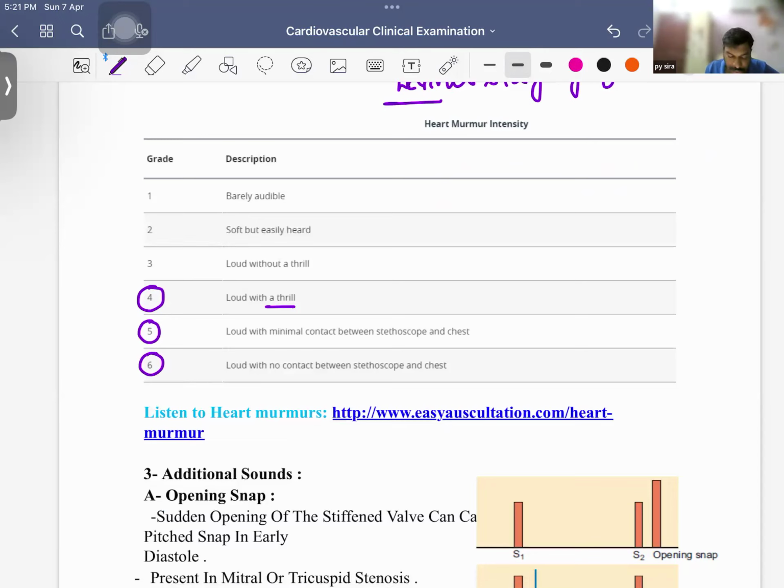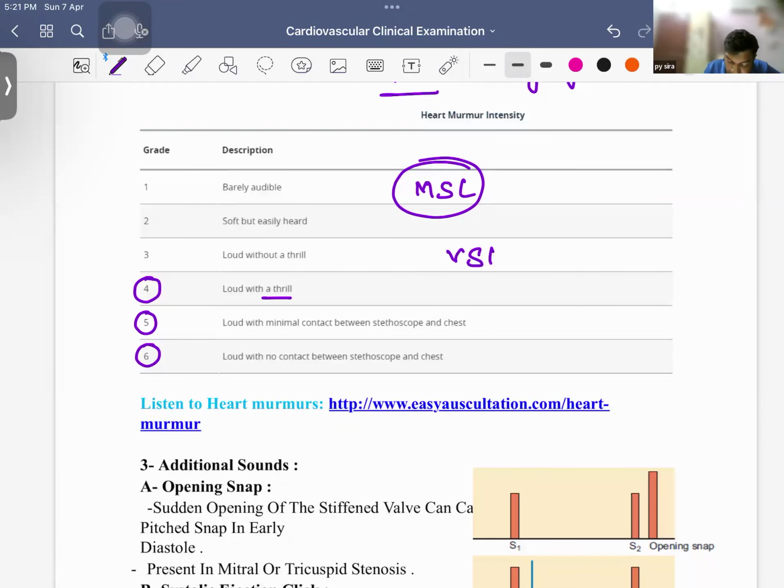So it is very soft, soft, loud. Here it is thrill; no stethoscope; into the room.